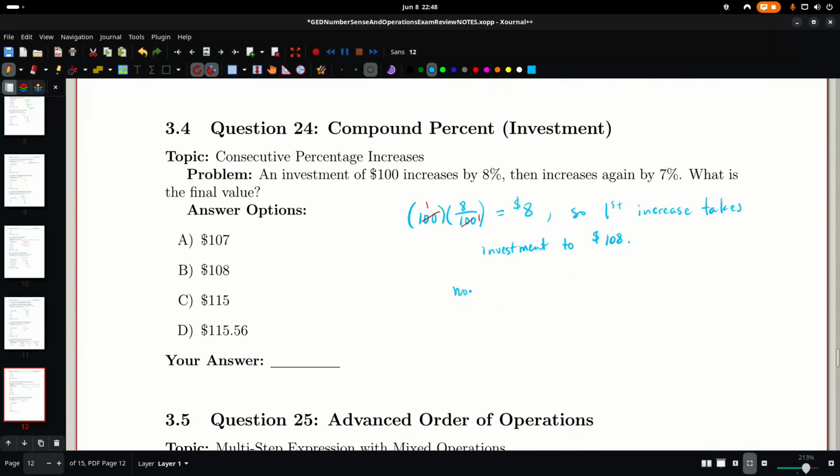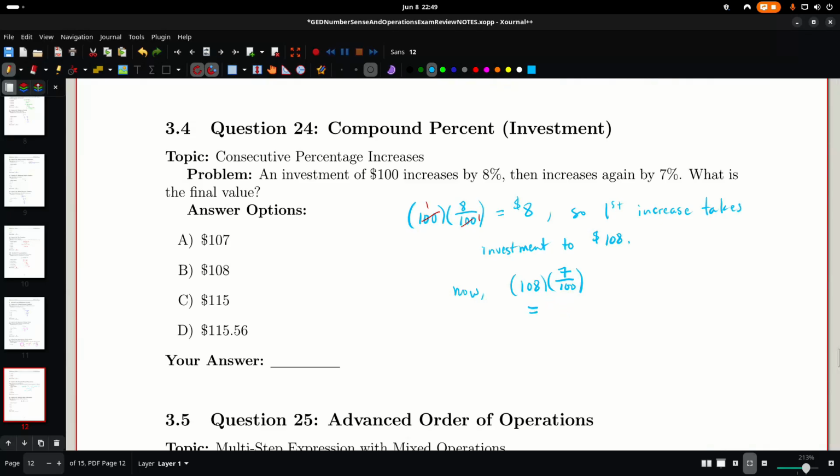Now the second step: we have $108, and we have to multiply that by 7%, so 7 over 100. So we have 100 times 7 over 100.